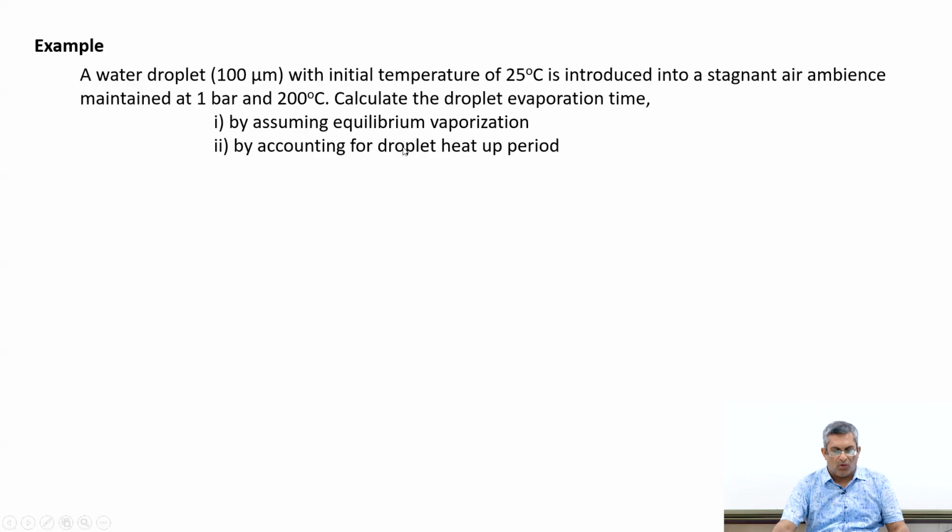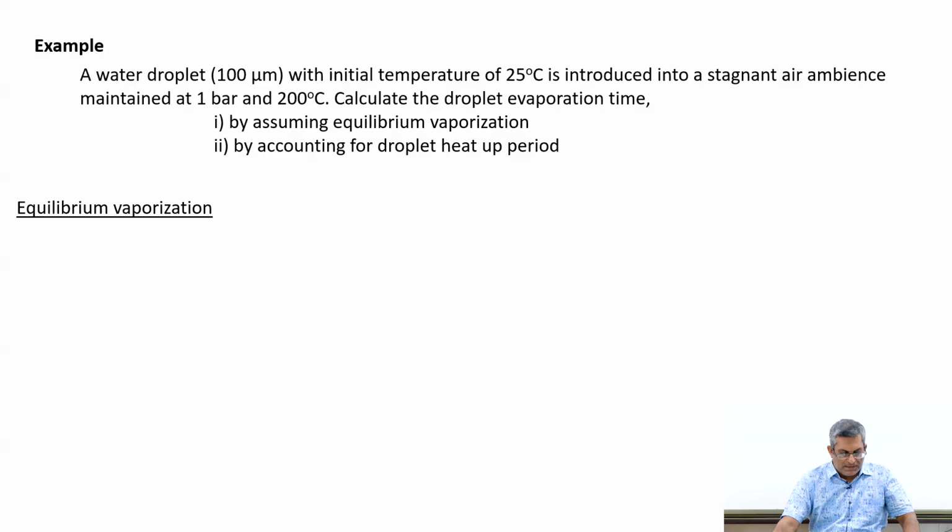Now, calculate the droplet evaporation time by assuming equilibrium vaporization, which means you always have the equilibrium temperature right from the beginning, and then account for the heat up period, calculate the vaporization time, and compare them to see how important the heat up period is. In other words, if I assume that the heat up period is absent, how much error can we introduce? So how to approach this problem first of all? What do you think?